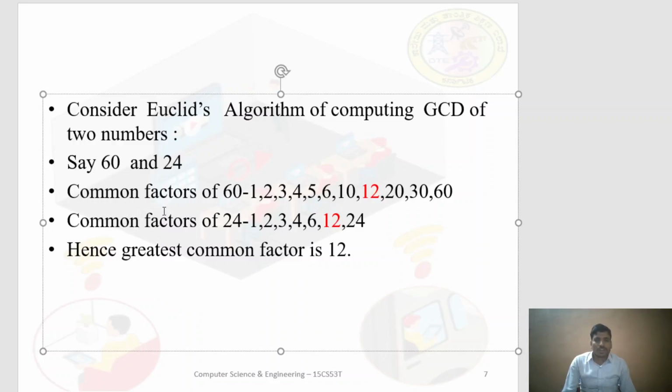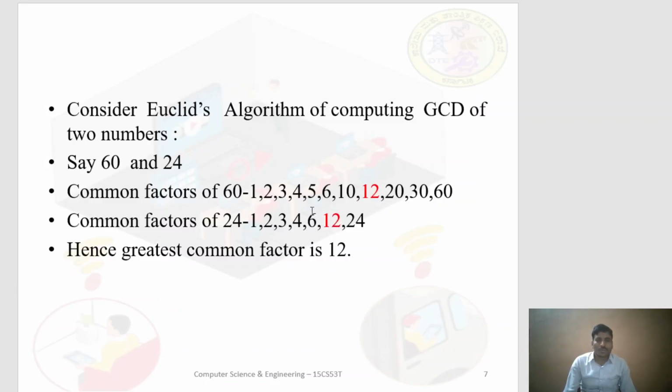First we find the common factors of the first number, that is 1, 2, 3, 4, 5, 6, 10, 12, 20, 30, 60. And the factors of the second number, that is 1, 2, 3, 4, 6, 12 and 24. And we take the greatest common factor of these two numbers, for 60 and 24, which is the greatest common divisor, that is 12.